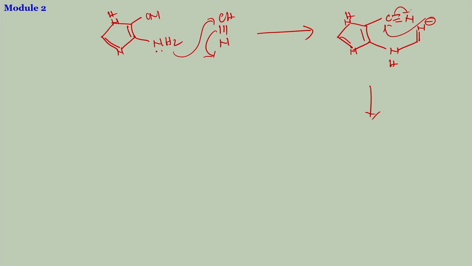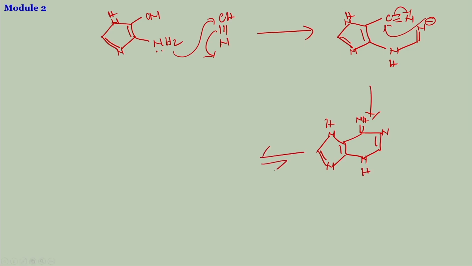Now this can go here, and if you do the whole thing, then you will see that this will be double bond NH, and this is your N, double bond N here, NH.